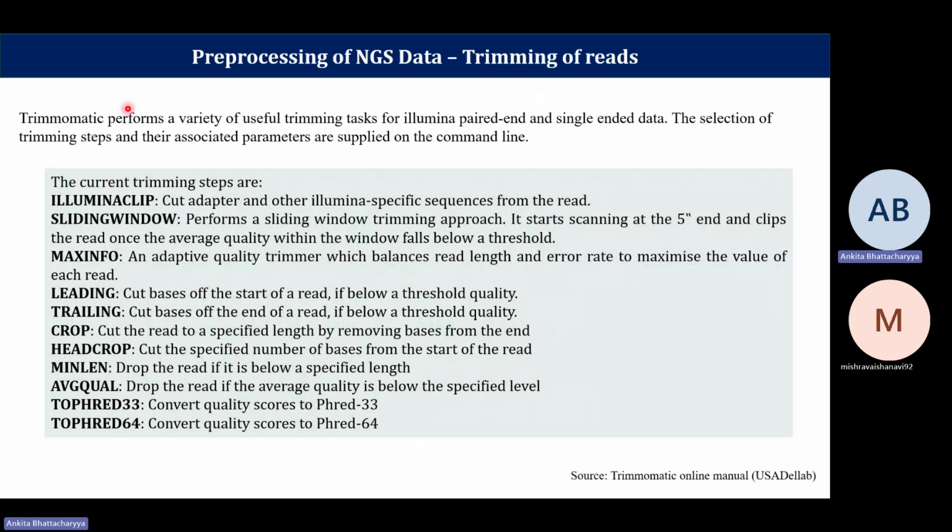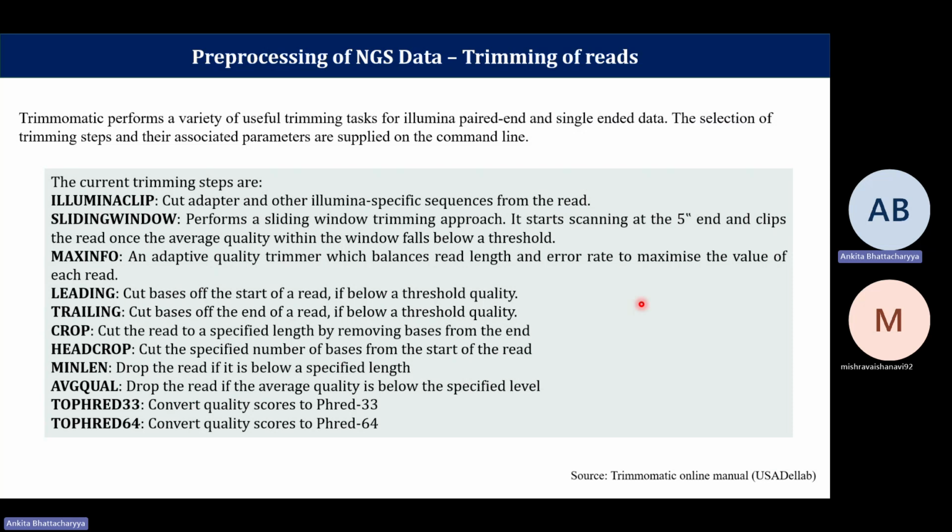So these are all the outcome of using certain codes or certain parameters which you can utilize, which you'll find online as well as in the manual for the tool that you're utilizing. So under this, the current trimming steps include parameters like Illumina clip, which can remove all the Illumina specific additional sequences, adapter and other sequences from ends of the read.